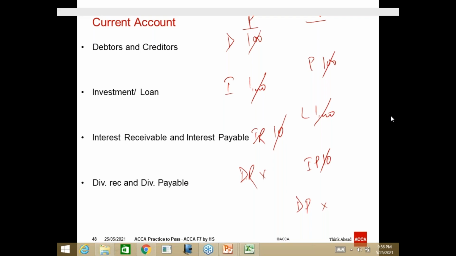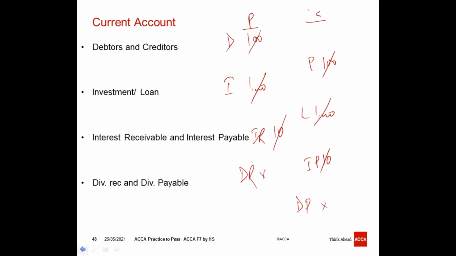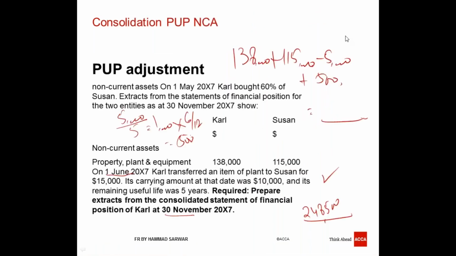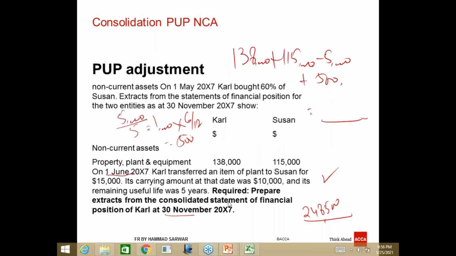Will the 5,000 unrealized gain be apportioned between the parent and subsidiary? In the previous question, 5,000 unrealized gain. Who sold the item? Actually, you're talking about the retained earnings and NCI. Carl has sold, transferred an item.